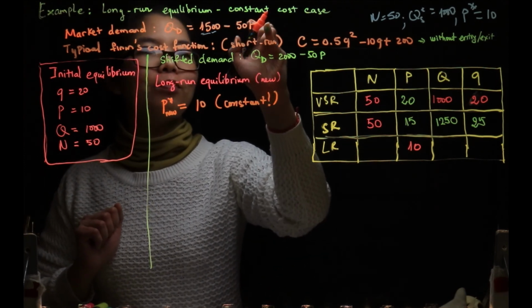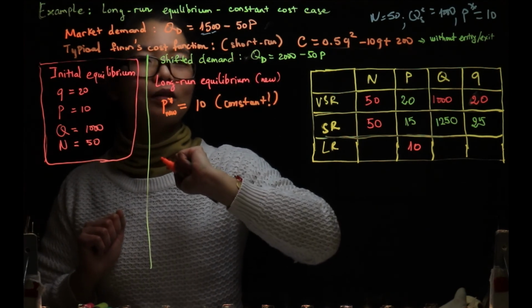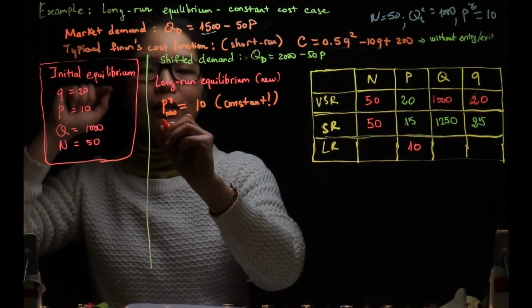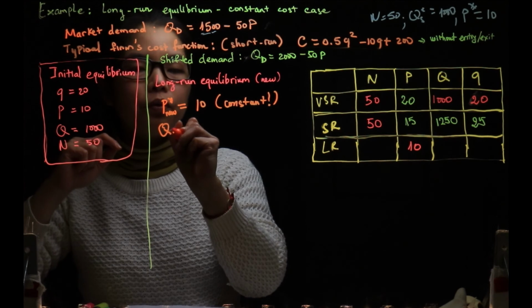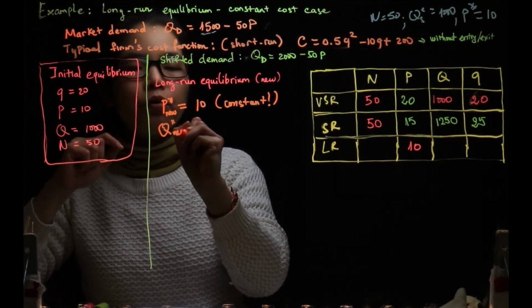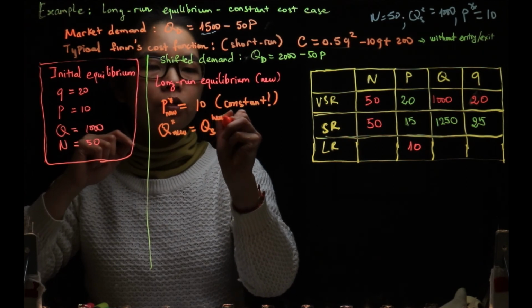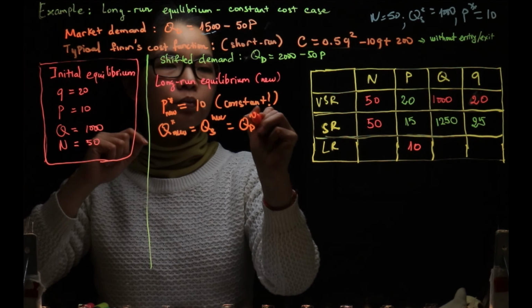And then we continue. We could already plug in the demand and supply to find the industry supply quantity, right? So that is Q new equals QS new equals QD new.